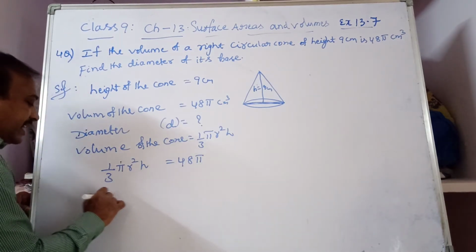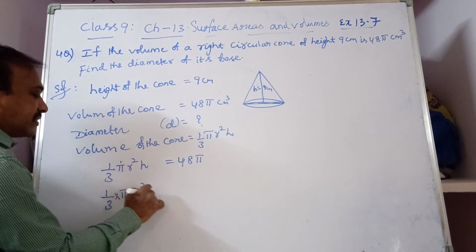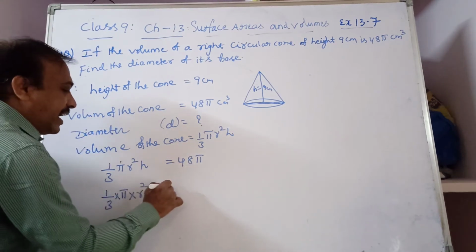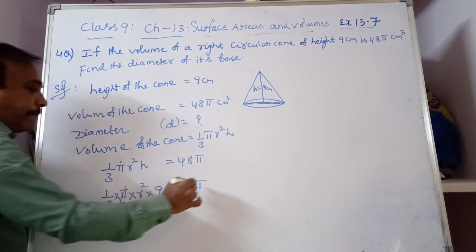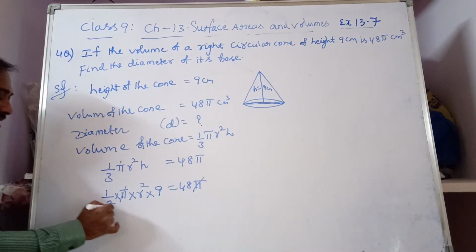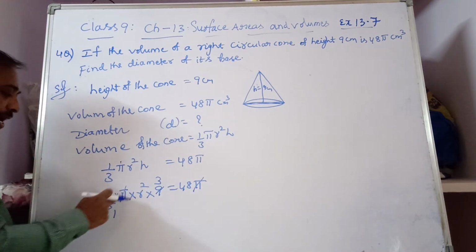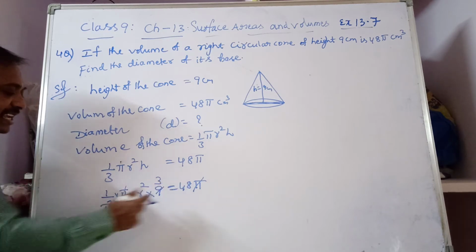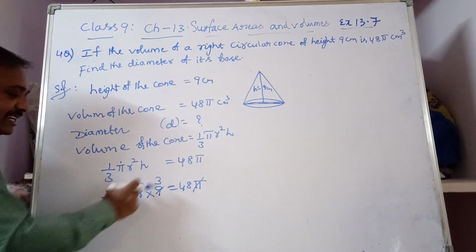So 1 by 3 into pi into r square into h, where h is equal to 9, is equal to 48 pi. Now here pi gets cancelled, because pi is on both sides of the equal sign. 3 ones are 3, 3 threes are 9.